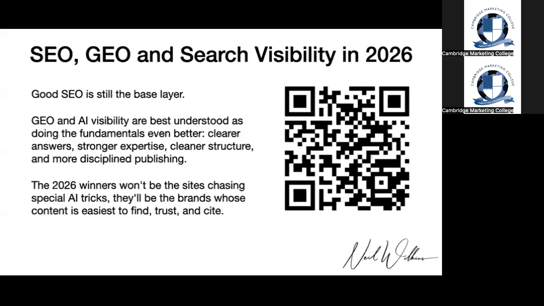So if you want to win competitively in the search engine stakes here in 2026, you shouldn't be chasing any kind of tricks or the latest trends that you see on social, like, oh, you can win this SEO traffic by doing this, this, and this. The brands that are going to win will be focusing on content that is easy to find, easy to trust, and easy to cite.